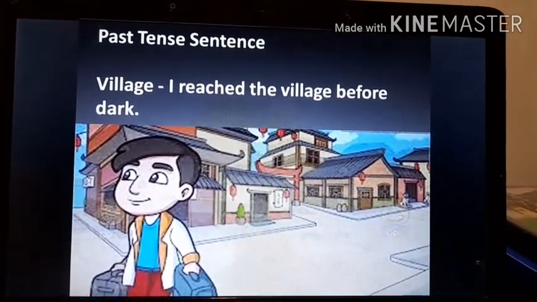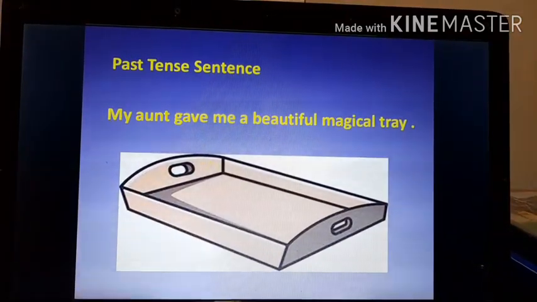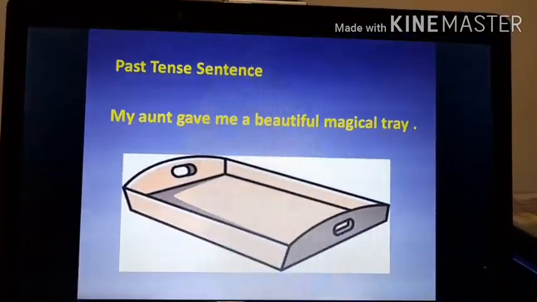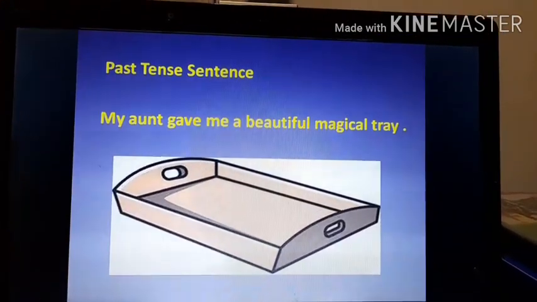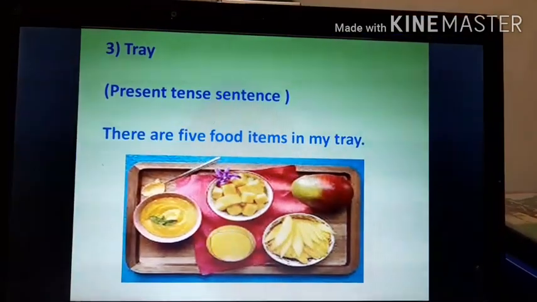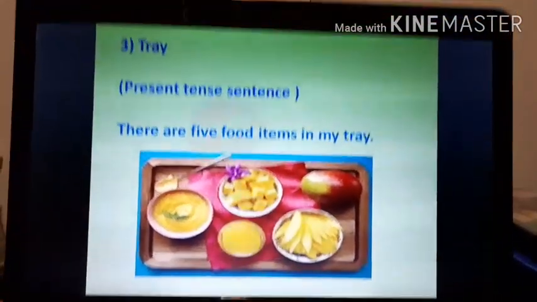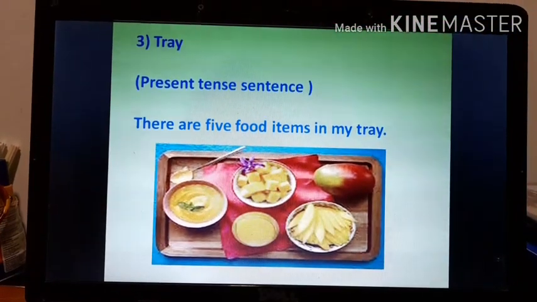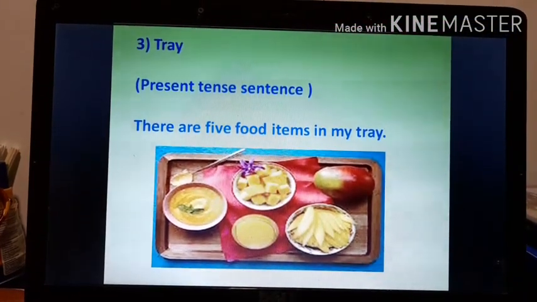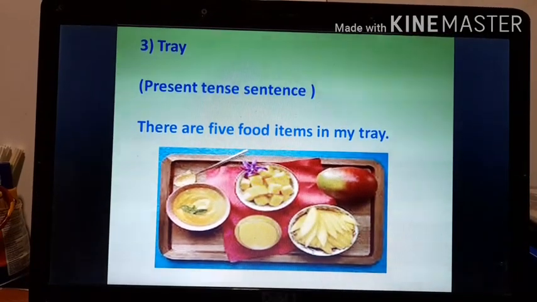Now the next word which I am going to discuss is tray. The next word which I am going to explain to you is tray. Here I have a beautiful tray in my slide which consists of 5 items, food items.